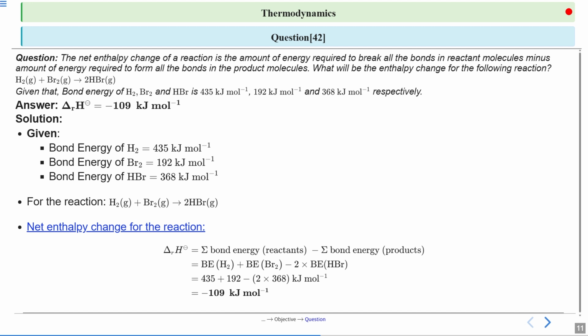But on the product side the bonds are formed. Therefore, we have to take a negative sign against it. Putting all the values and taking 2 multiplied by the bond energy of HBr, because the coefficient in the equation is 2, it will give you an enthalpy change for the reaction of minus 109 kilojoule per mole. So this is your answer.